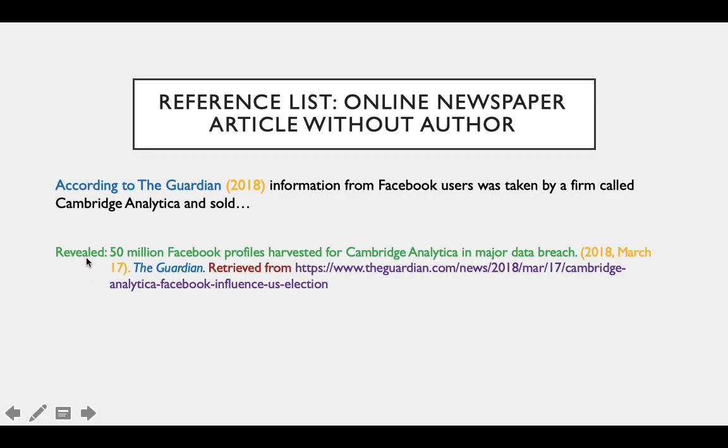So we need to write the full title of the article. Okay, here we've got the full title in green, full stop, and then the rest of the information would follow with the date and the year. Again, the newspaper in italics with a full stop and then retrieve from.